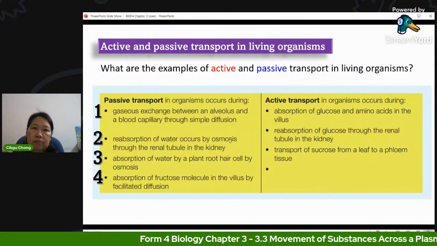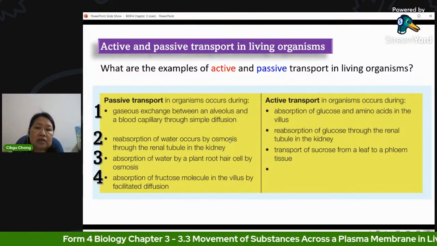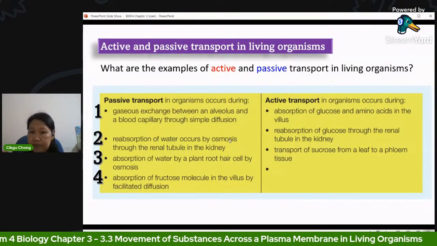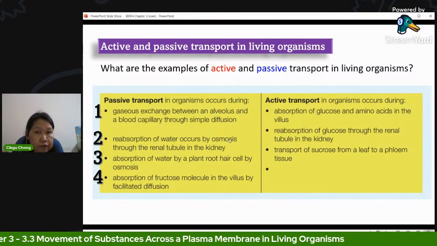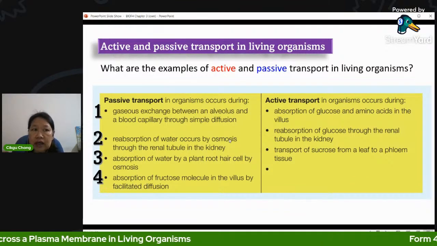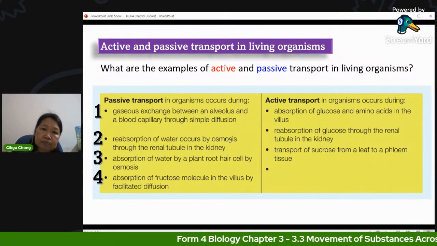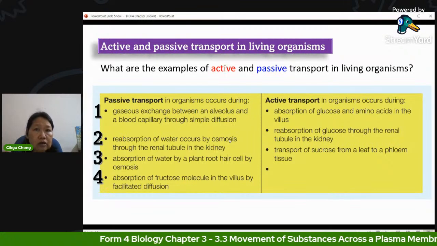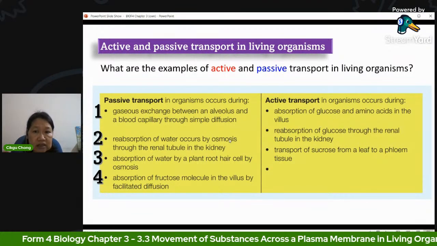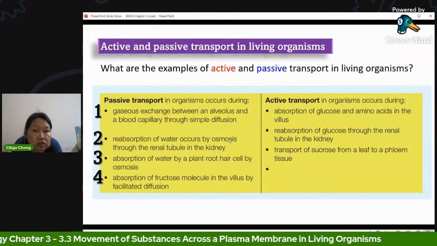For food, it is transported through the phloem. So the process of transporting food, sometimes it is done through active transport, because from a region of less concentration, it is pumped into a part that has got more, where the food is accumulated. So it also goes against concentration gradient.